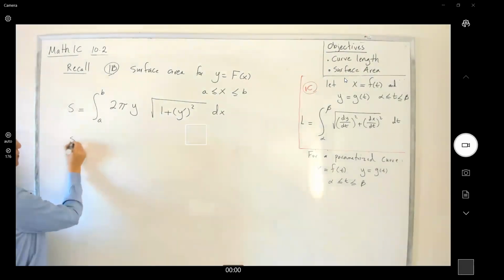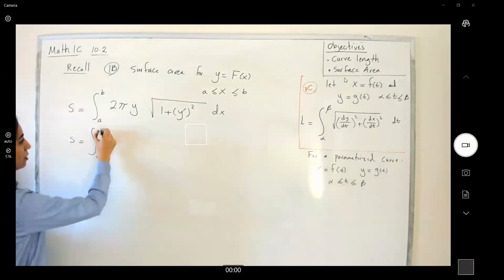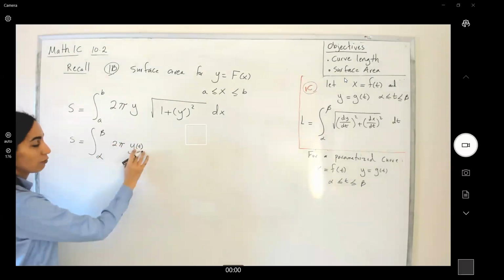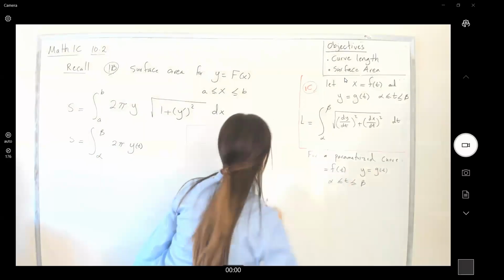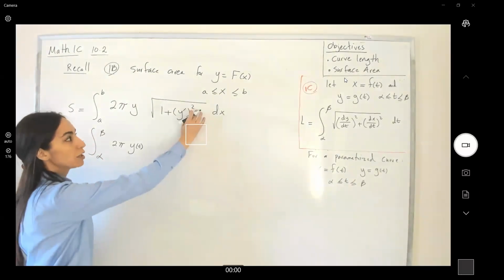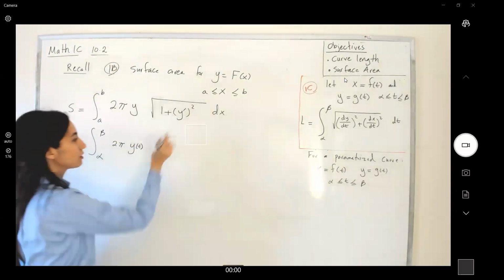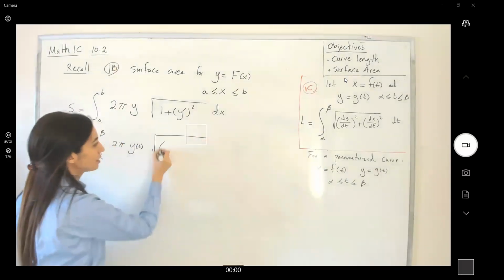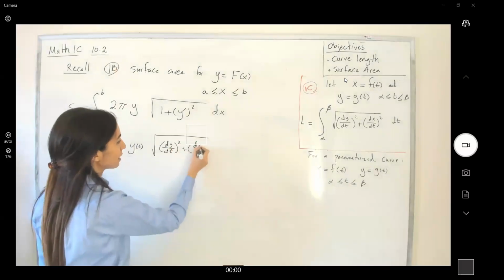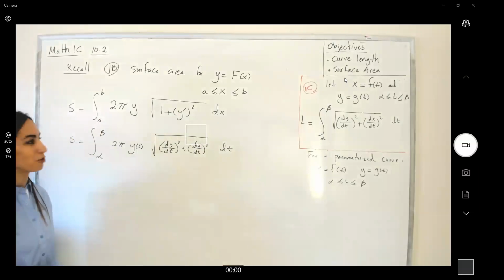So S, the surface area, is equal to the integral from alpha to beta of 2 pi y of t, g of t, times square root of 1 plus y prime to the second power dx. From the length of the curve, we saw that this is nothing but dy over dt squared plus dx over dt squared dt. This is your formula.